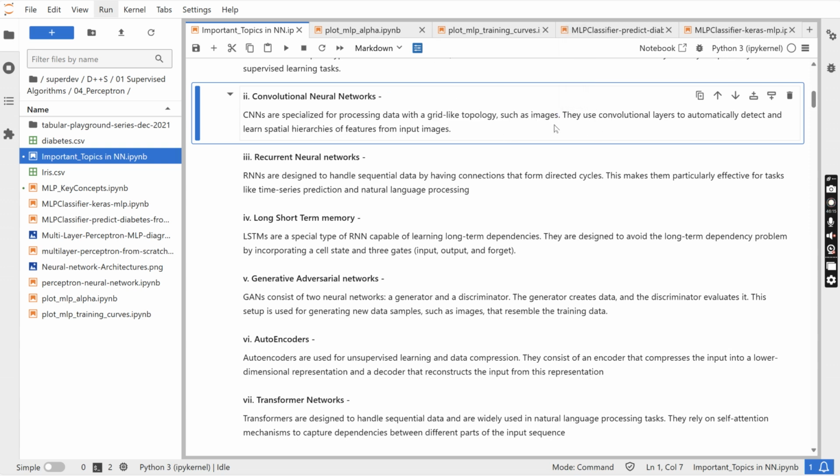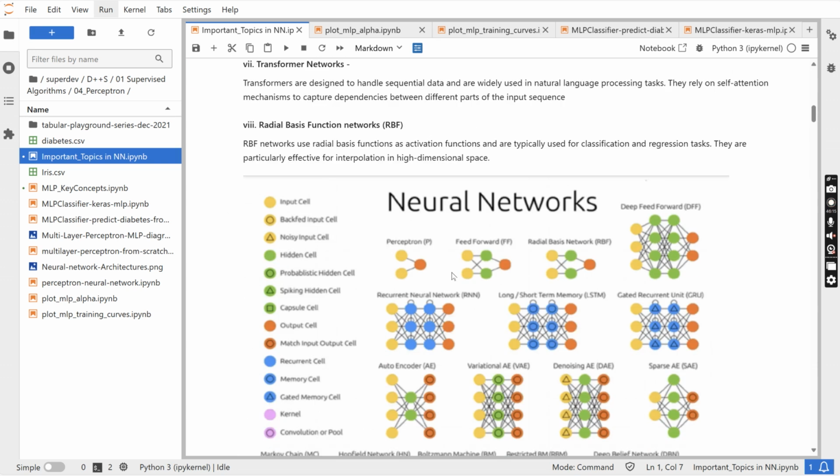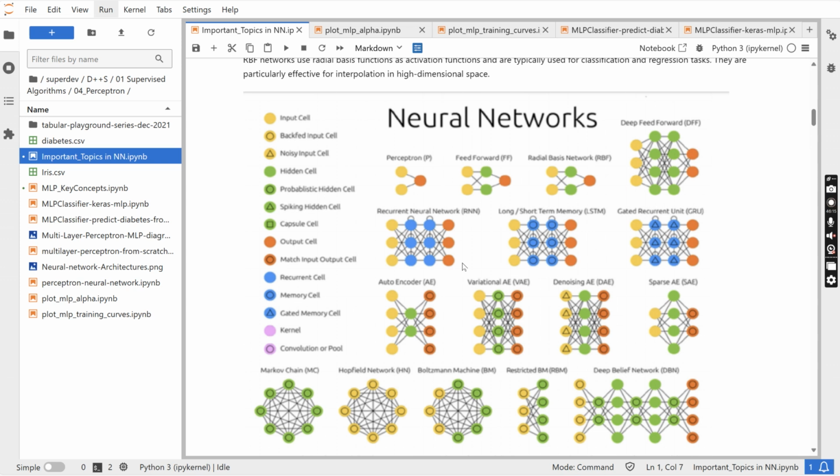We will talk about this again in depth in the next classes, but the convolutional layers will automatically detect and learn the spatial hierarchies of features, something to do with how far away or how close the features are. Those things will be learned.